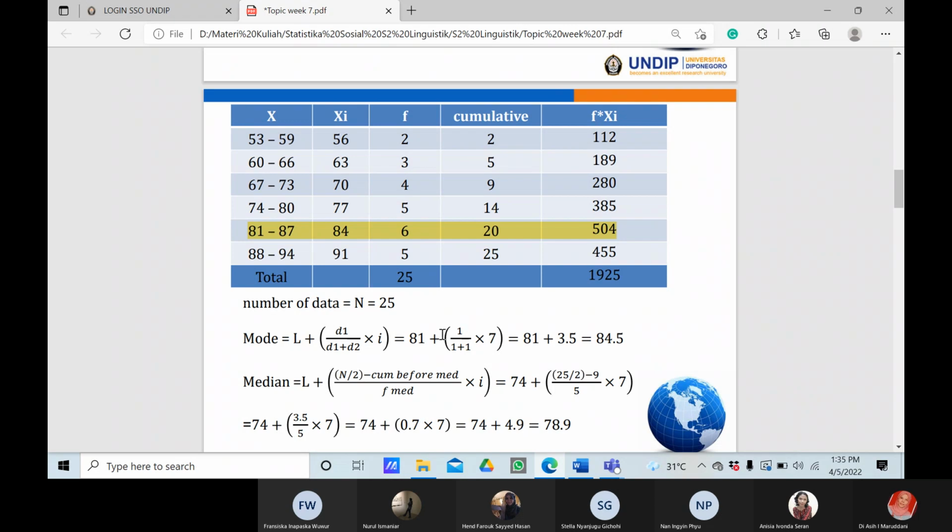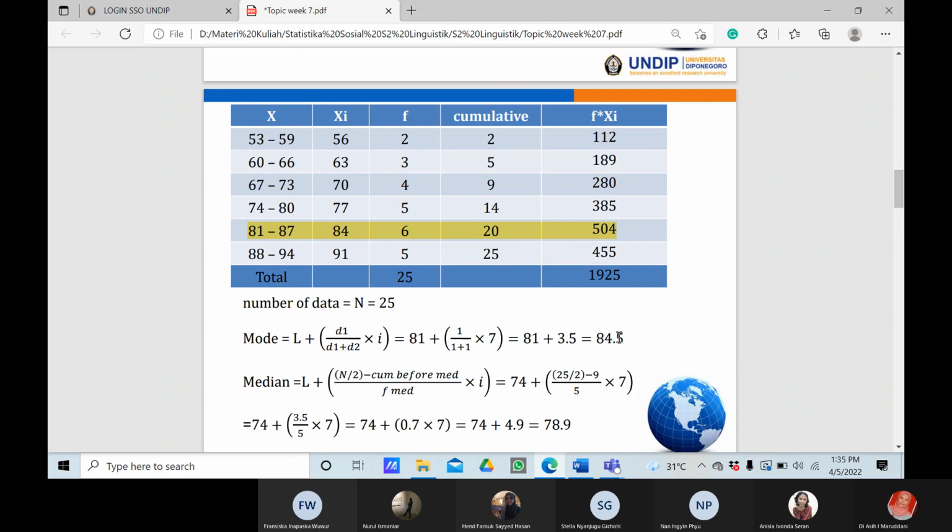Okay, we have to calculate this equation before we sum with 81. Then we calculate 1 divided by 1 plus 1 times 7. It is 3.5. Then we sum it with 81.